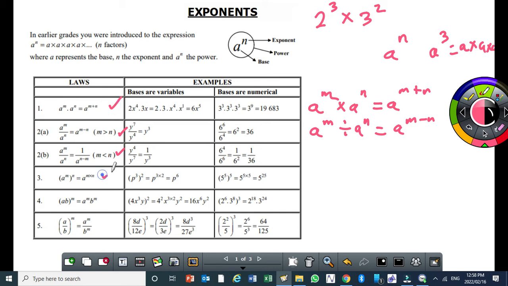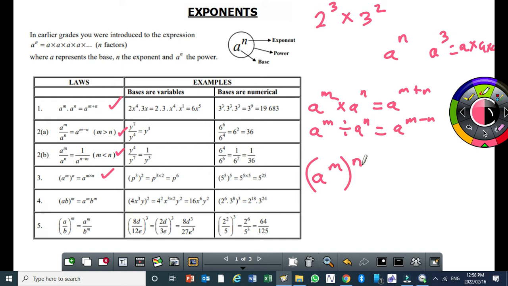Then law 3 now, if you are given a base raised to a specific power, okay, like that, or rather to a specific exponent, right? And then there is an exponent outside the bracket, right? Like that. You are allowed to multiply the exponents.